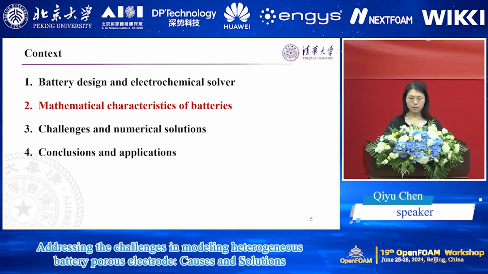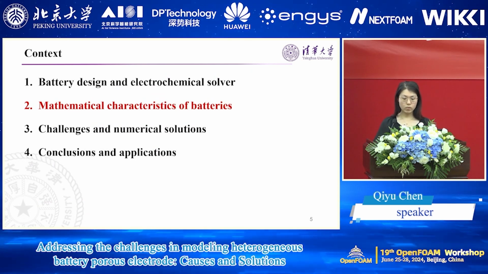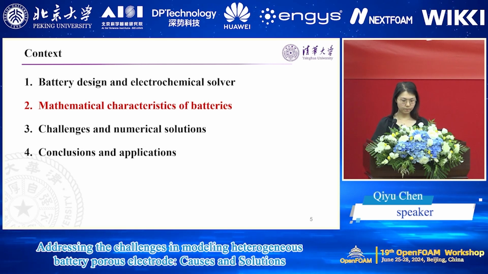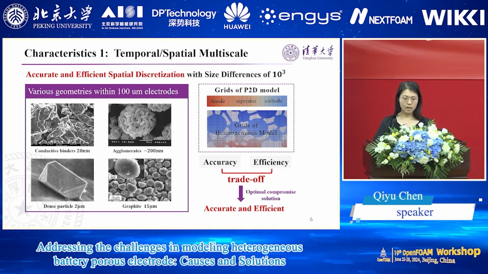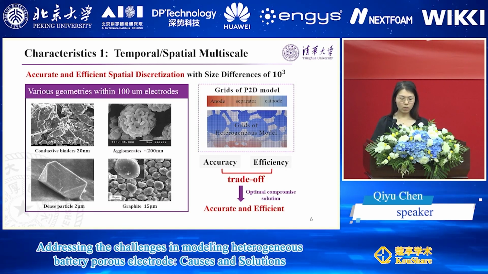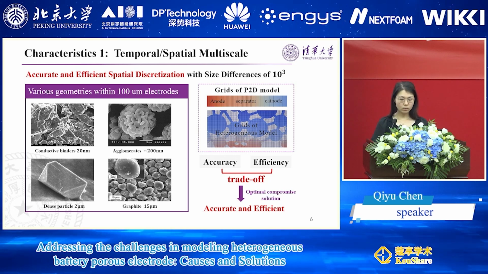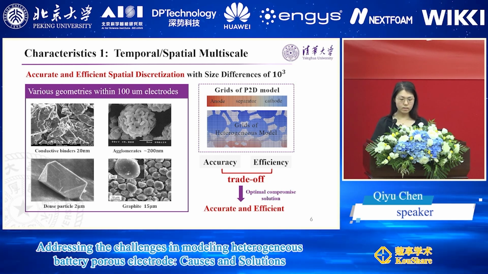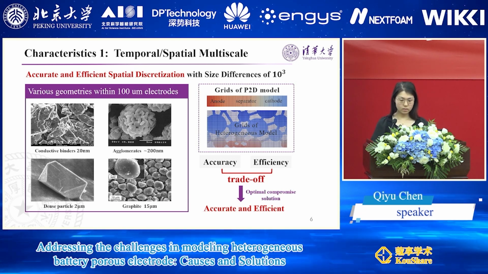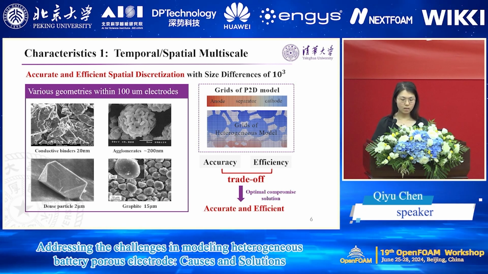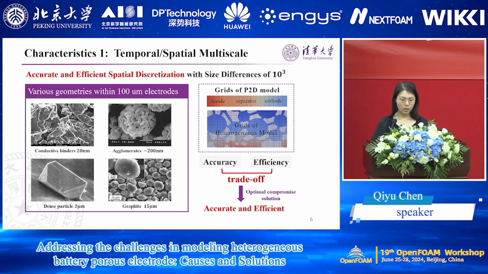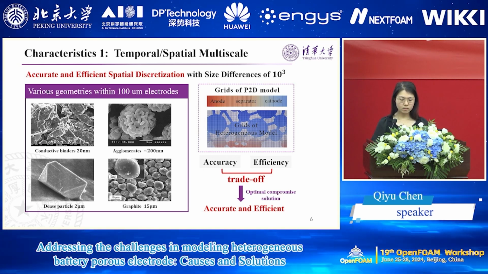The second part is mathematical characteristic of the battery. The electrolyte thickness is approximately in the range of 100 microns with differences of at least 3 orders of magnitude. Within this range, there are many geometric shapes, with conductive bundles having a scale of around 20 nanometers. Agglomerate is around 200 nanometers.